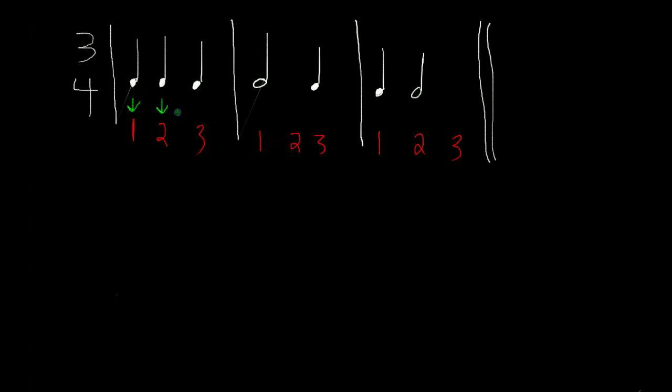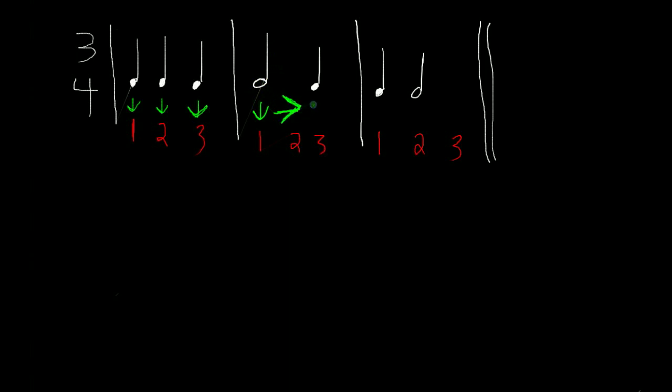Beat 2, same thing, articulate. Beat 3, same thing, articulate a note. Now on beat 1 of this next measure, we again have our downbeat. We start playing on beat 1, and because it's a half note, we hold through. We hold through beat 2, like that.